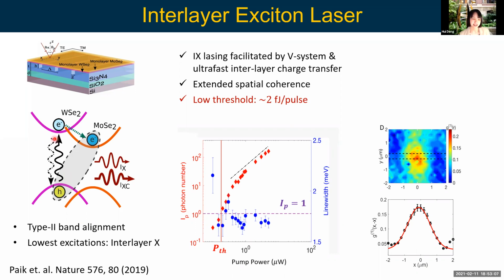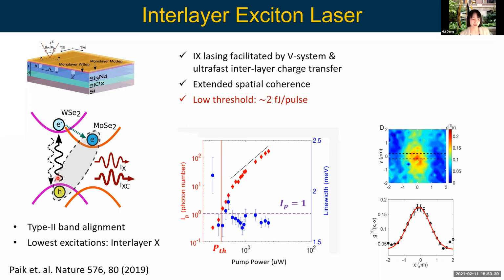Since these two layers are only less than a nanometer apart, it is very fast for the electron to go from one to the other. So we can pump, create excitation in this way, and then this one will go here very quickly, on the order of less than a few hundred femtoseconds.